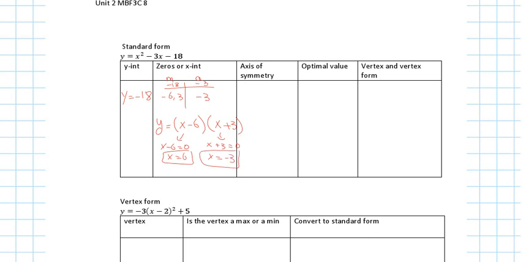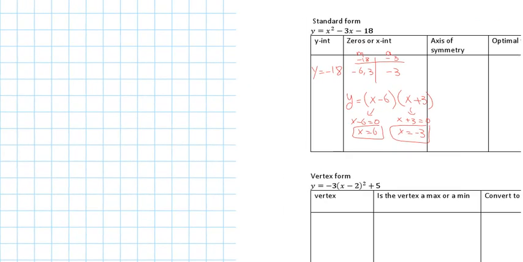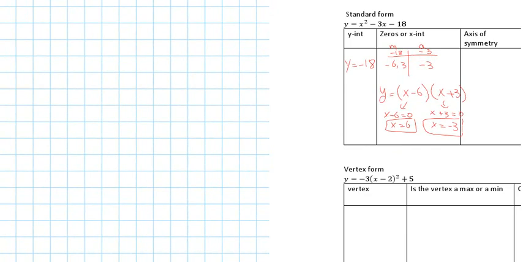So I have my 2 zeros. My 2 zeros are at negative 3 and 6.